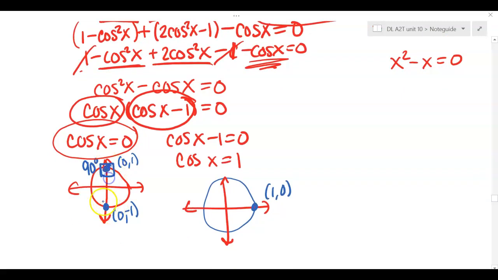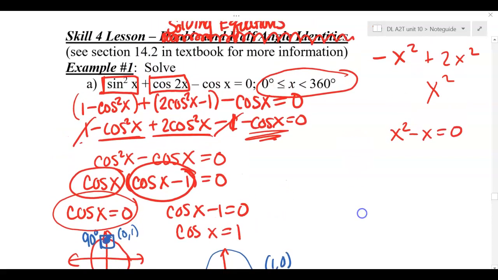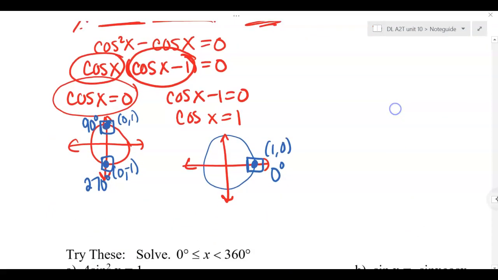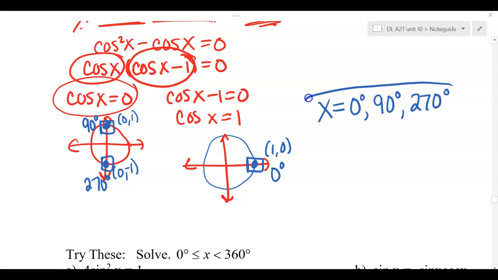So at 90, this one would be 270. And this one, I'm going to call 0. The reason I'm not calling it 360 is look at those boundaries again. It does not say x can be equal to 360, but it does say it could be equal to 0. So my answer here is that x could be 0 degrees, 90 degrees, or 270 degrees.